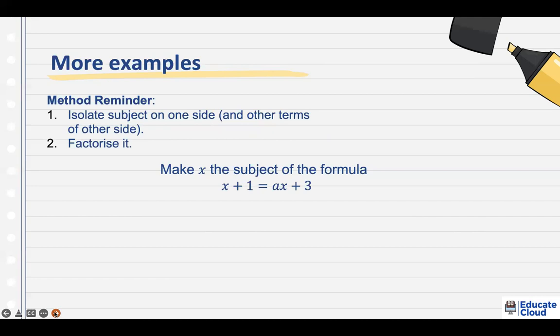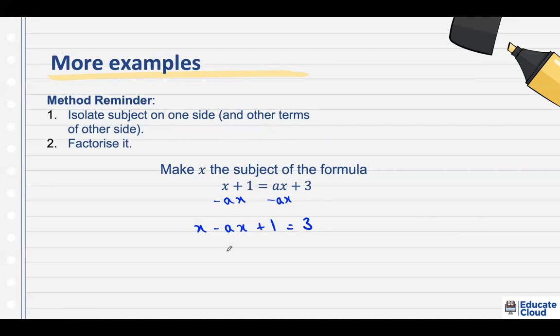Here you've got to isolate the subject on one side. So try to put the x's together and the numbers together and then factorise. Here you're going to put the x's both on the left-hand side, so we'll take away ax on both sides. Then you'll get x minus ax plus 1 equals x minus x, so it's just 0 equals 3.